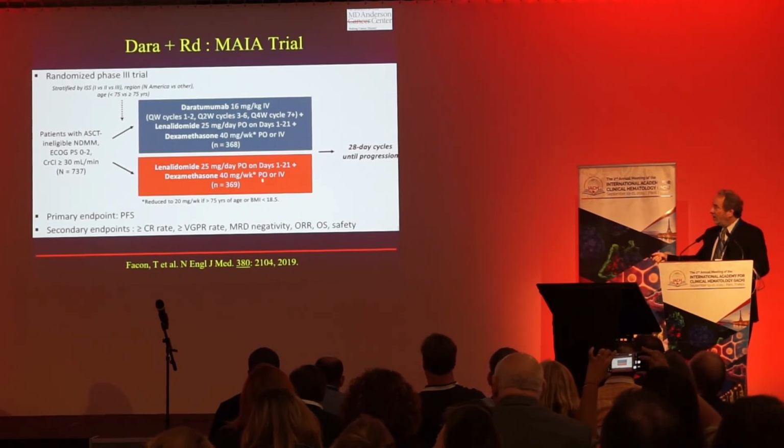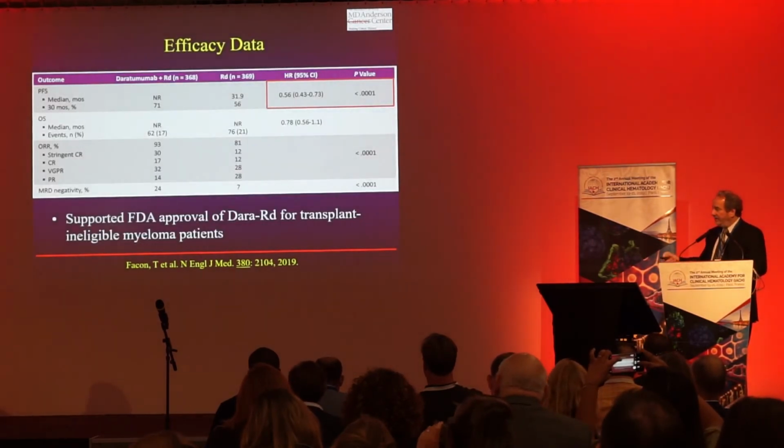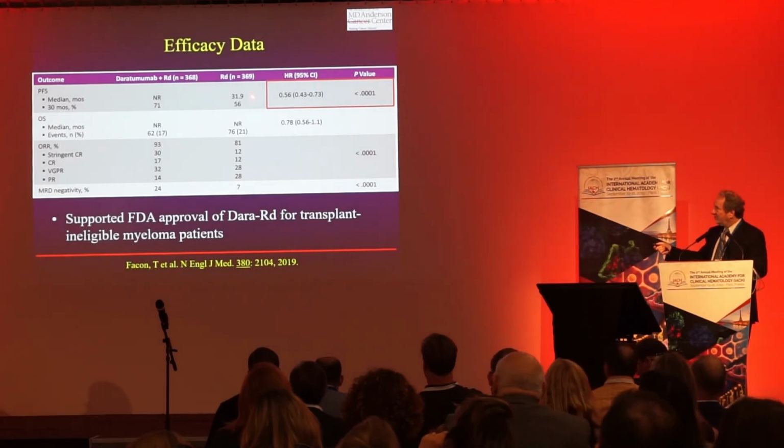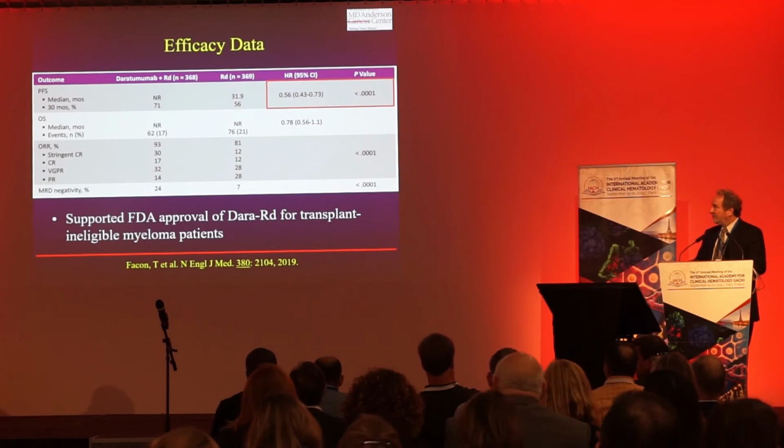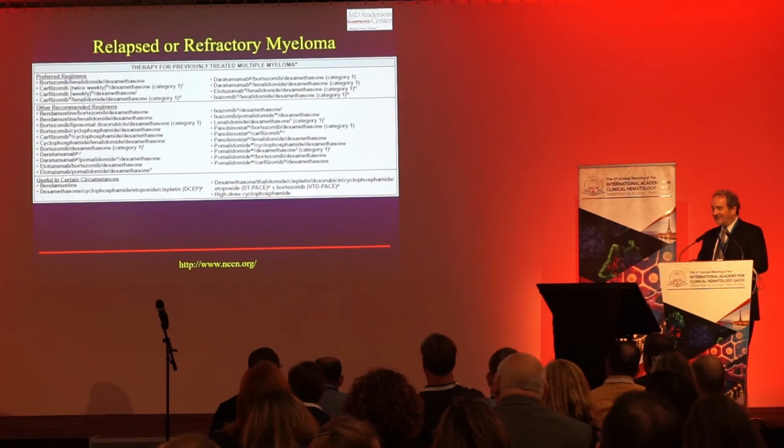And this was a large randomized study looking at len-dex versus dara-len-dex. And you may probably know that the hazard ratio for this was again quite good and showed a better progression-free survival for the combination of dara, len, and dex.